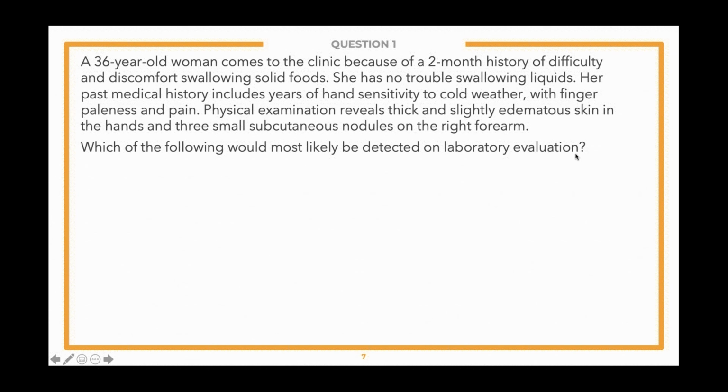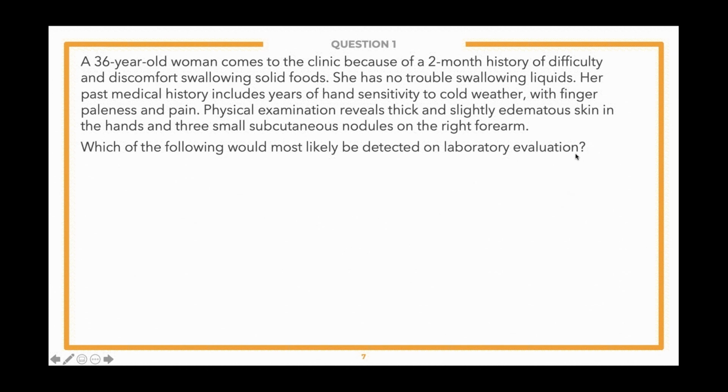Let's go ahead and take a look at that vignette. A 36-year-old woman comes to the clinic because of a 2-month history of difficulty and discomfort swallowing solid foods. She has no trouble swallowing liquids. Her past medical history includes years of hand sensitivity to cold weather with finger paleness and pain.